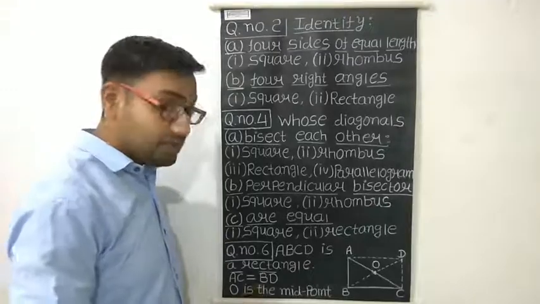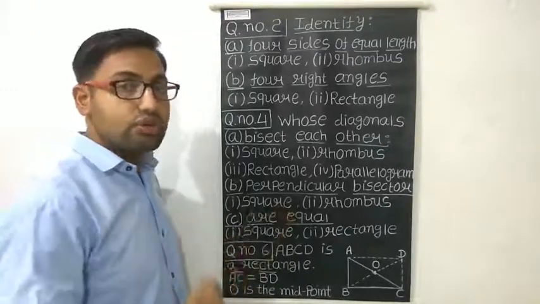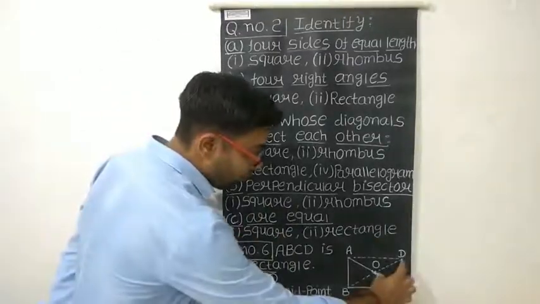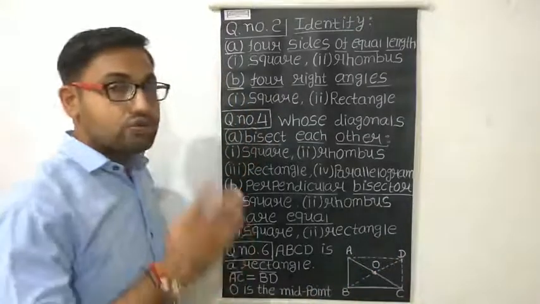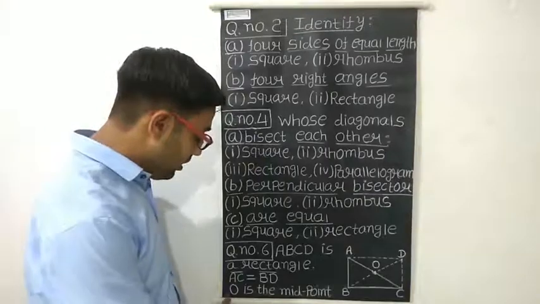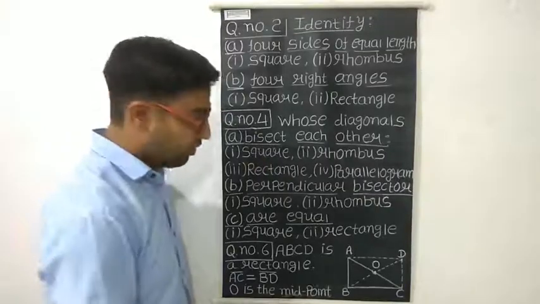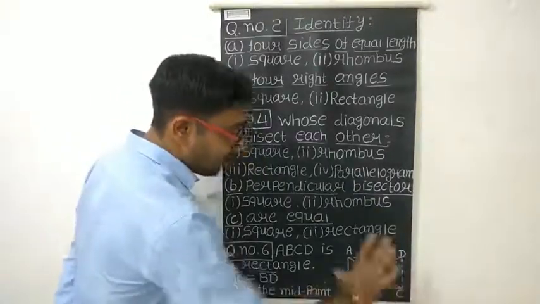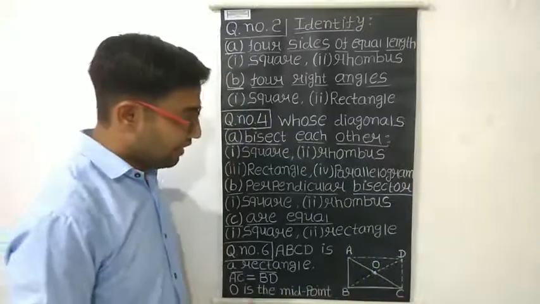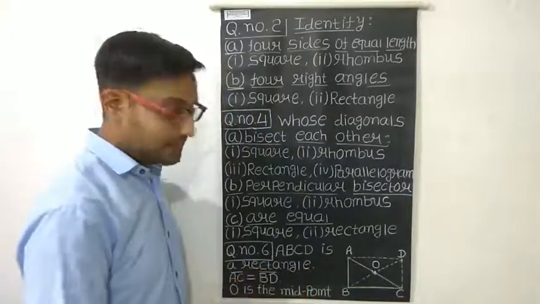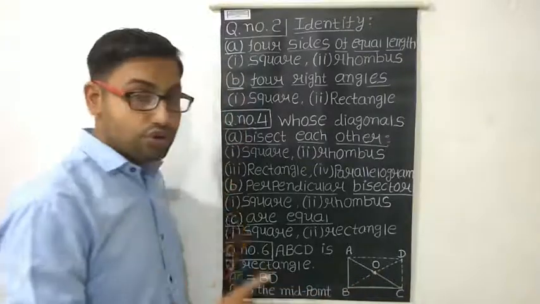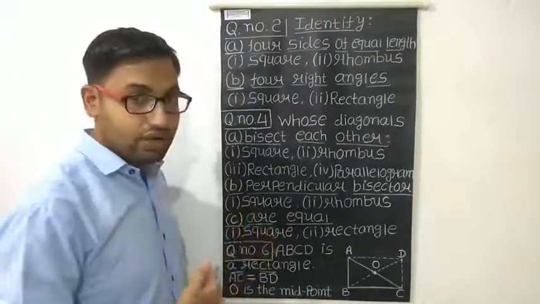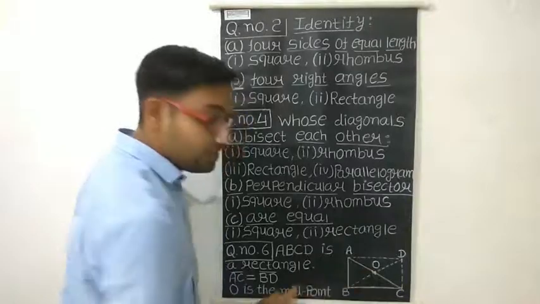So as this is a rectangle, its diagonals bisect each other at point O. As both the diagonals are also equal, all the 4 parts OA, OB, OC and OD are also equal. So O is the midpoint of both AC and BD. Right? Let us take an example, if AC is 10, then BD is also 10 because both the diagonals are equal and O is the midpoint.